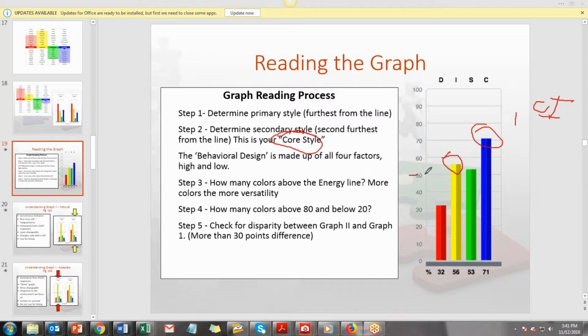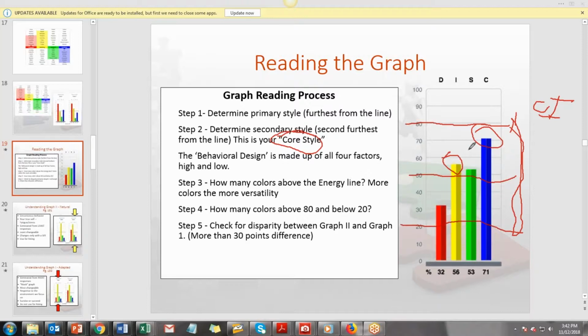And then the third step, how many colors above the energy line? The more colors, the more adaptable. Step 4, you make a mental note on what's above 80 and what's below 20. So anything that falls in the moderate area, like if they have 3 colors in the moderate area, it just means they're just steady Eddie kind of people.